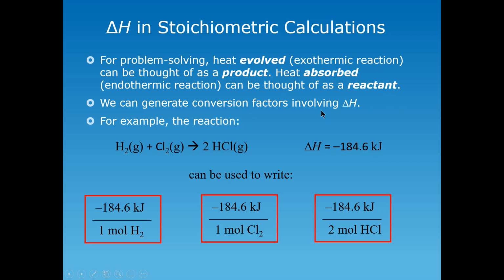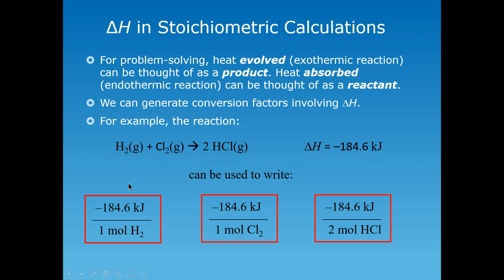And therefore, based on that, we can actually produce conversion factors which involve these heat changes. So for example, if you look at this reaction between hydrogen and chlorine to form hydrogen chloride, and the enthalpy change of that reaction is given as minus 184.6 kilojoules, then we can also write down conversion factors which involve this and any of the coefficients of these different substances in a balanced equation.